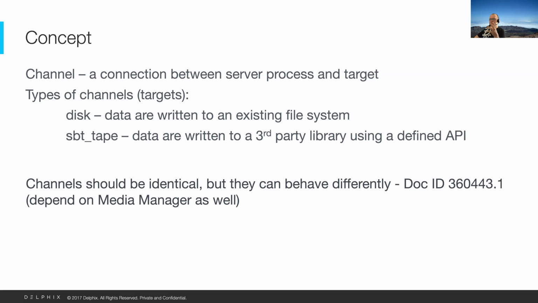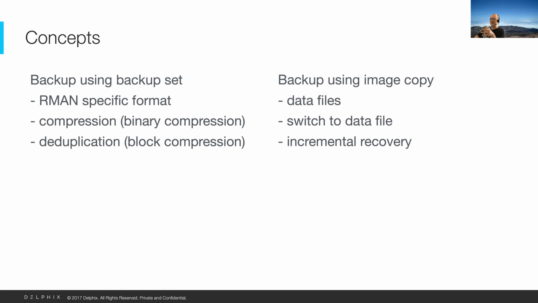So that's about the initial concept of RMAN channel. And now let's talk about what kind of backups we can do. Basically, there are two different kinds of backups RMAN can provide. One is the backup set format, and the other is an image copy. What are the differences?